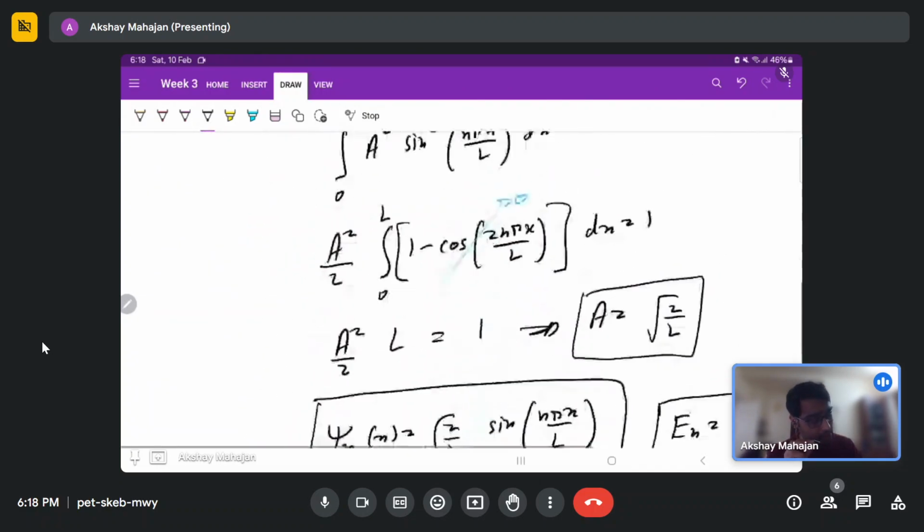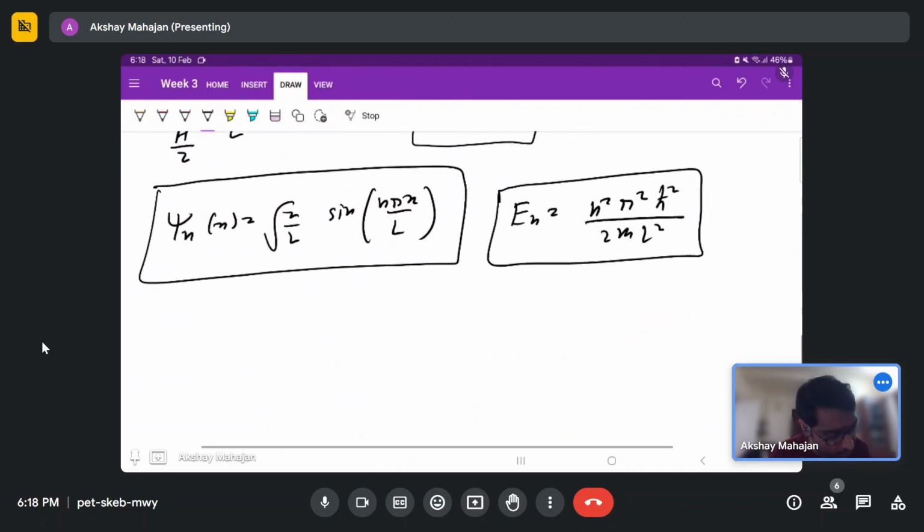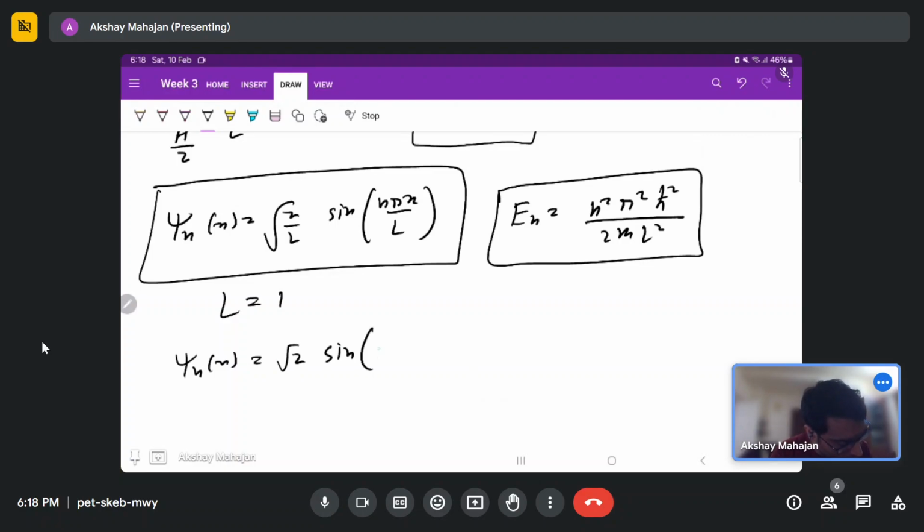But we know the solution for a symmetrical particle in a box, and that we have divided here. L equals 1. Okay, so I can write psi n of x equals under root 2 times sine n pi x. Let me just write this, because it is said that this is a unit length box.